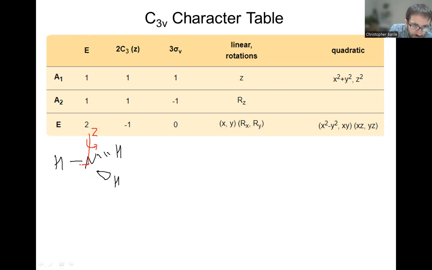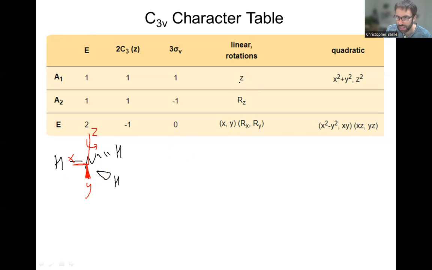So I'm just going to define the x vector as going that way. Obviously, it has to be perpendicular to the z. And then the y is going to be coming out towards us, coming out of the plane of the presentation. And of course, they're all 90 degrees to one another. So it doesn't really matter how you define those. They have to be 90 degrees, but the z has to be with respect to the principal rotation axis.